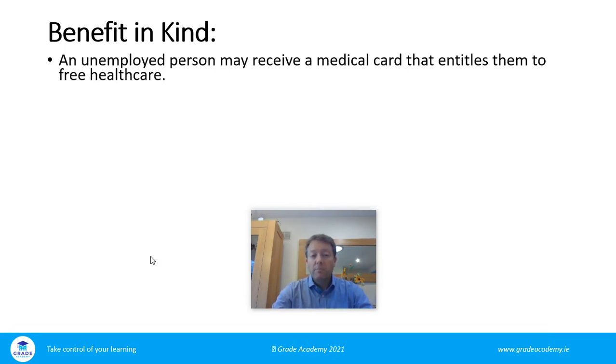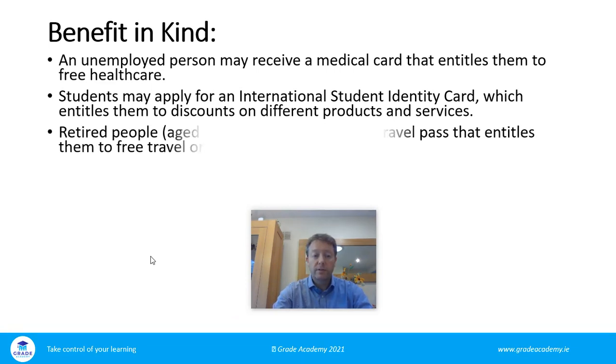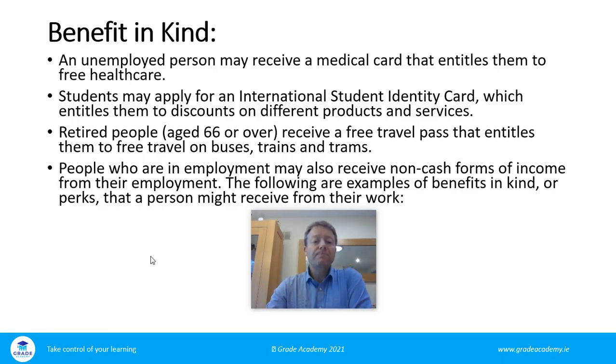An unemployed person may receive a medical card that entitles them to free healthcare. Students may apply for an international student identity card, which entitles them to discounts on different products and services. Retired people aged 66 and over receive a free travel pass that entitles them to free travel on buses, trains, and trams.